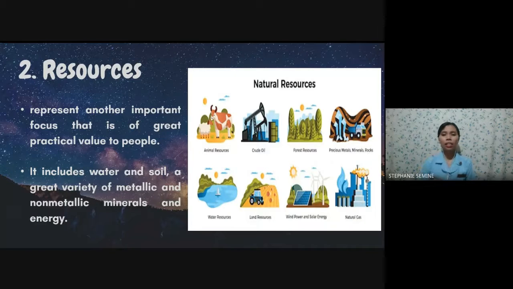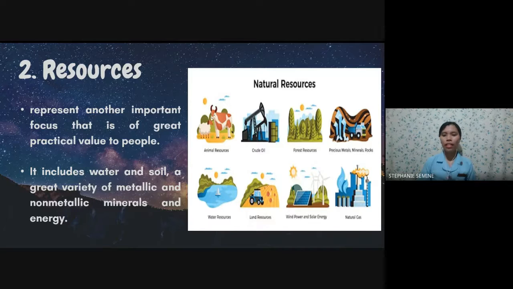Next, it deals with resources and raw materials since it is an important focus that is of great practical value to people. It includes water and soil, a great variety of metallic and non-metallic minerals, and energy.